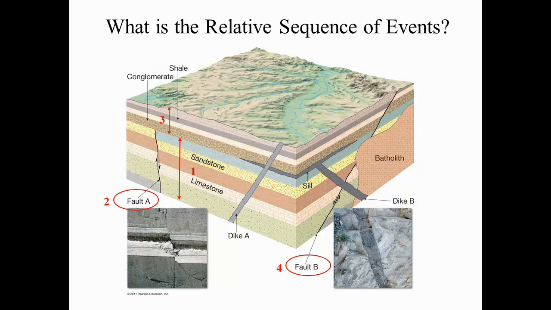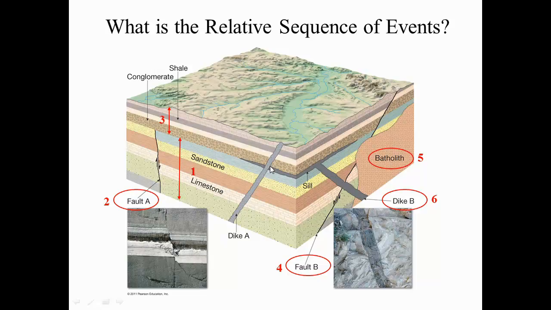The dike B cuts the batholith, so that following fault B, we have the emplacement of the batholith. And then after the batholith is in place, this is followed by emplacement of dike B. And notice that dike B reaches only the base of the conglomerate and then spreads out as a sill.